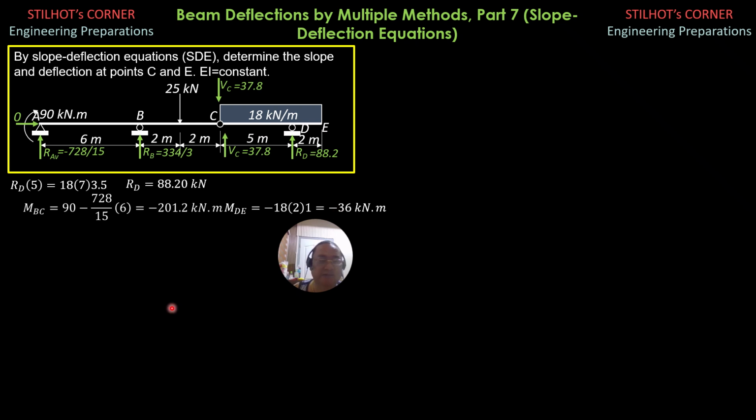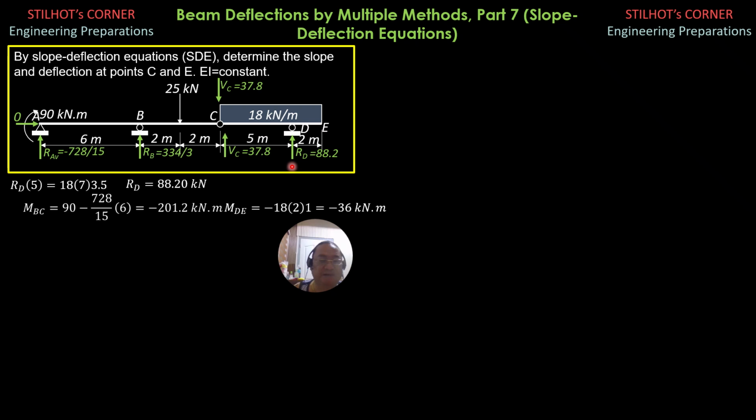So remember that the slope deflection equations have two equations, one applied for interior spans and the other one when the far end is pin or roller supported, or the moment at the far end is 0. For interior spans, moment near is 2EI over L, quantity 2 theta near plus theta far minus 3 delta over L, then plus fixed end moment near.